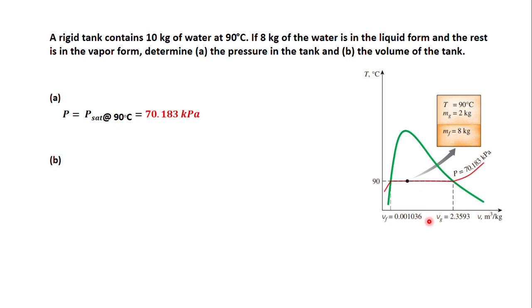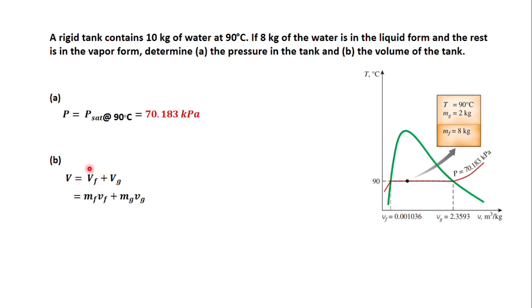One way of finding the volume of the tank is to determine the volume occupied by each phase and then add them. So we will use this formula. Volume is equal to the volume of saturated liquid plus the volume of saturated vapor.